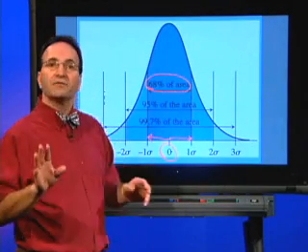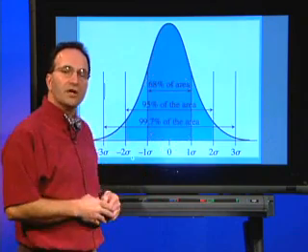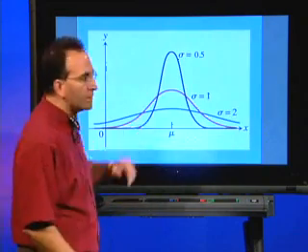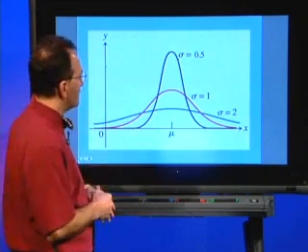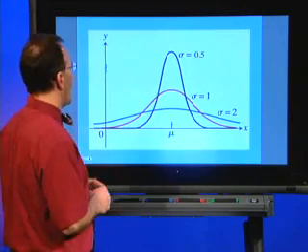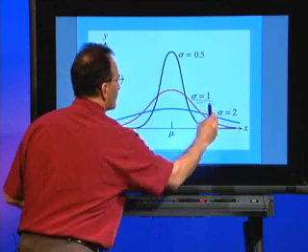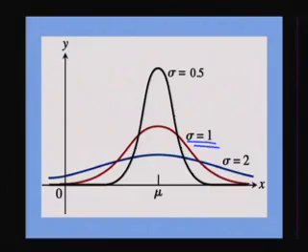There are many different sizes for the bell-shaped curve, and depending on the value of the standard deviation, you get a different shape. So we can see here that with a standard deviation of 1, we have the red curve.